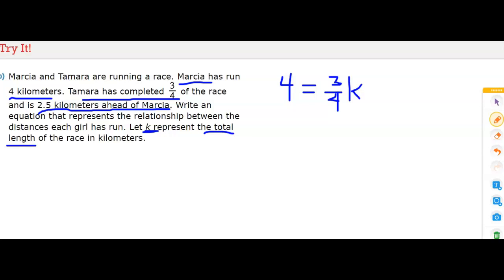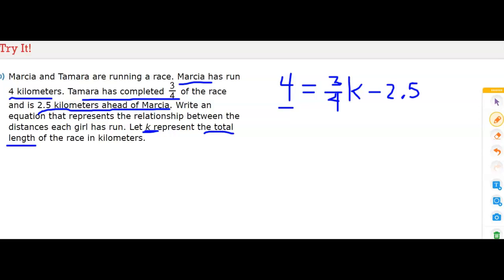But then it also says that Tamara is 2 5/10 kilometers ahead of Marcia. So to solve for Tamara, we would have to subtract the 2 5/10 kilometers she is ahead of Marcia. So our 4 is the distance Marcia has run. That's how much she's run.